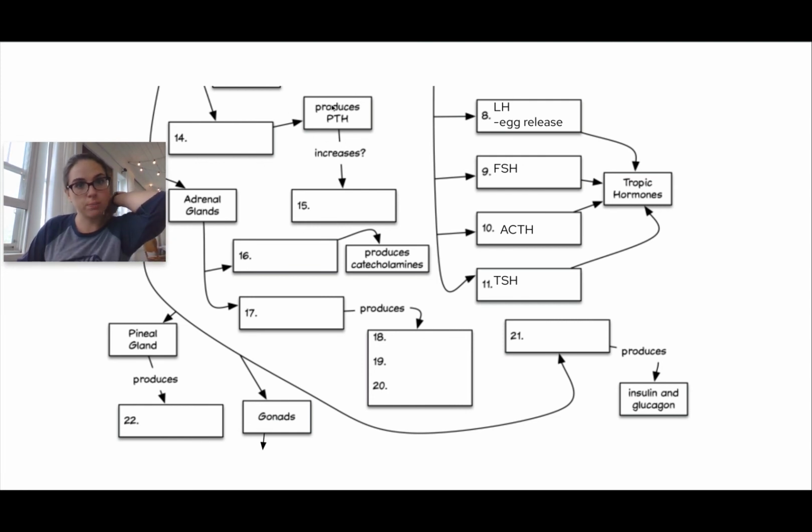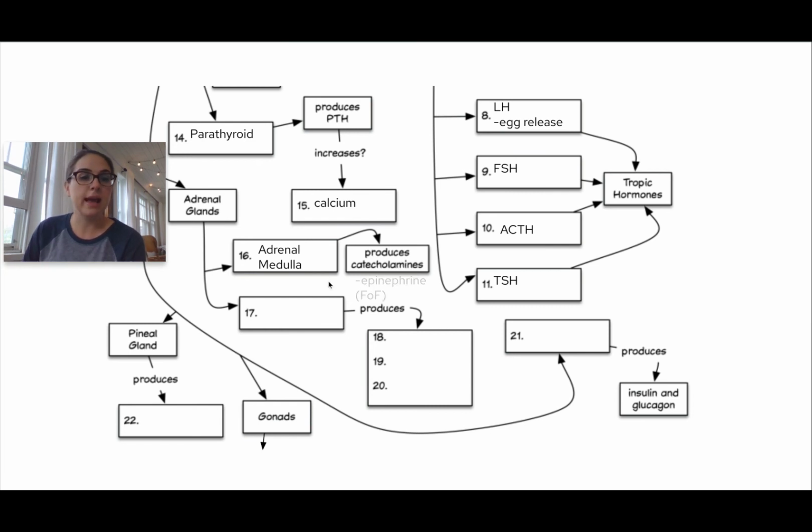All right, what produces PTH? Well, that's parathyroid hormone. So of course, it's the parathyroid. And as I just mentioned, it's going to increase calcium in your bloodstream. The adrenal glands are broken up into two sections. You have the adrenal medulla, which is the inner portion.